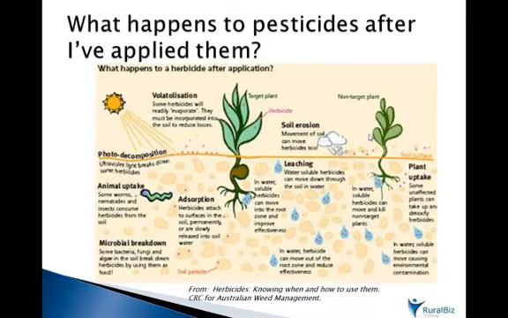The speed of pesticide breakdown depends on which chemicals are in the pesticide, how much pesticide has been used, how it's been distributed, and a lot of environmental conditions such as temperature, moisture, what types of microbes are present, etc.